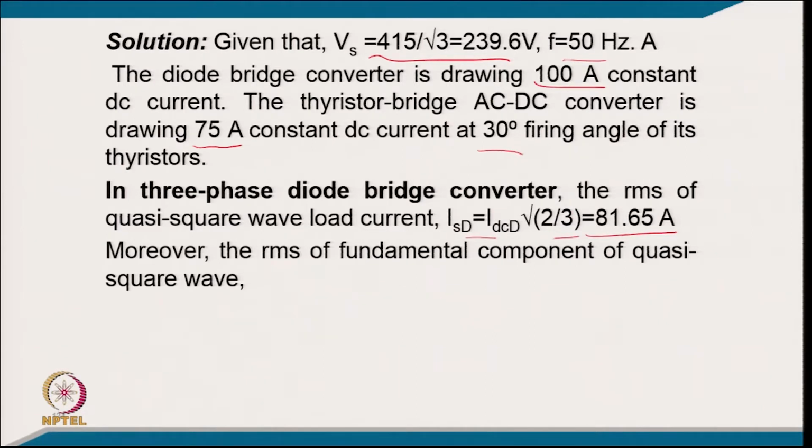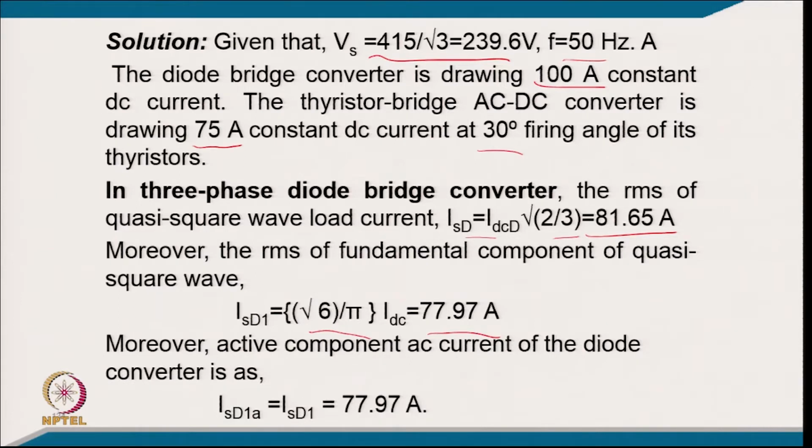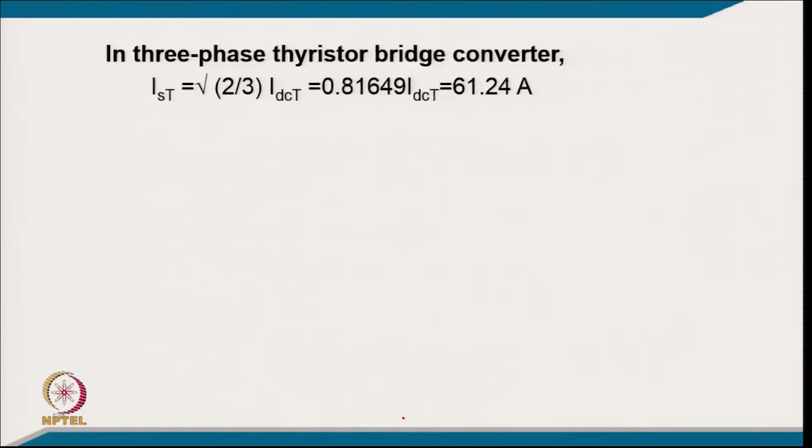Moreover, the RMS of the fundamental component of the quasi-square wave is ISD1 equal to root 6 by pi into IDC, that is 77.97 ampere. And moreover, the active component of the AC current of the diode bridge rectifier is ISDA, that is ISD1, 77.97 ampere. And in case of the second part of the load, that is the thyristor bridge converter, IST is root 2 by 3 into IDCT, and that comes to 61.24 ampere.